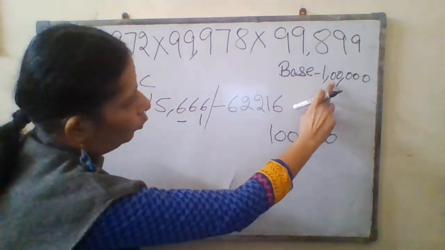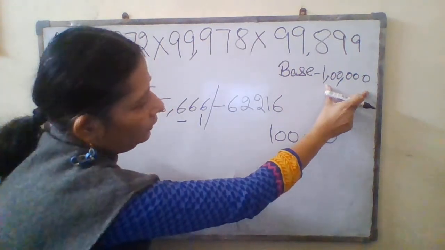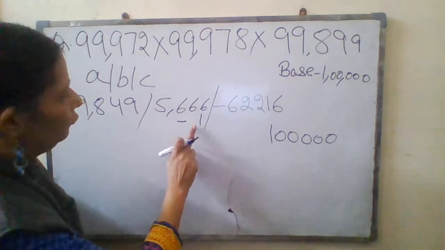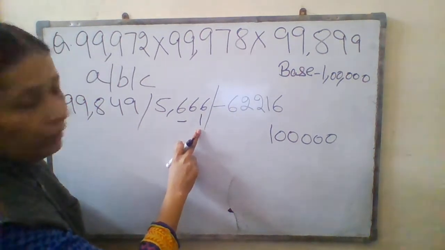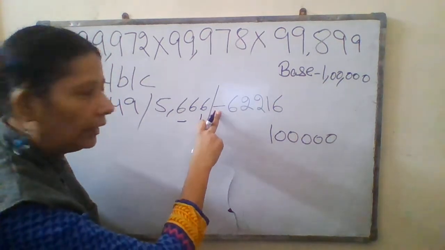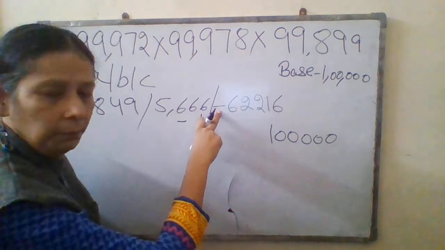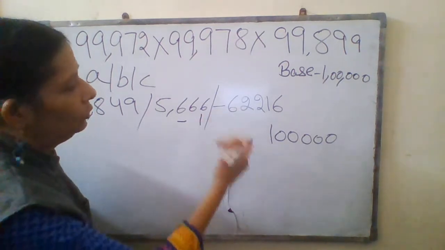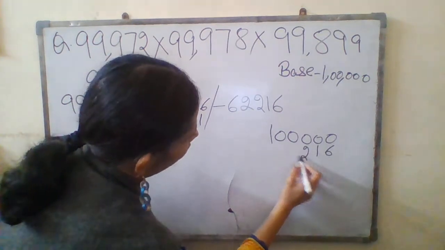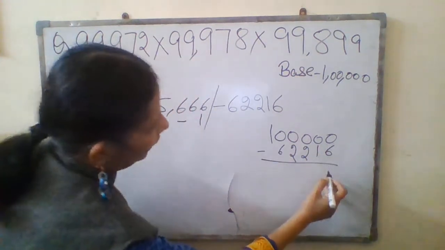Here you see 1, 2, 3, 4, 5. 5 zeros are here. So you will write down 5 zeros here and you will borrow 1 from here. Why? Because you have got this negative number and now you have to make it positive. Now you subtract this. Okay, 6, 1, then 2, 2, 6. You have to just subtract this.